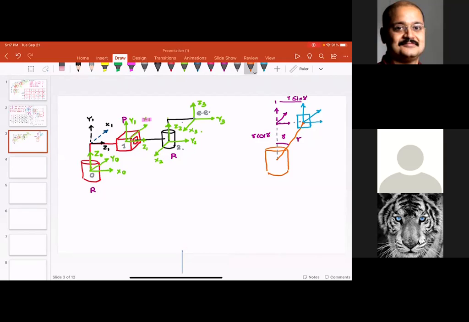Now what I want to do is remember the rules. If you don't remember, you can refer to the rules, and let's try to fill the DH parameter table.